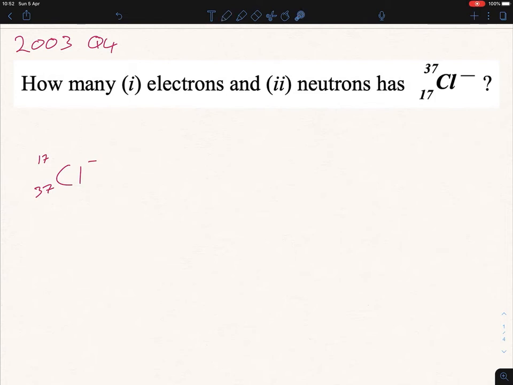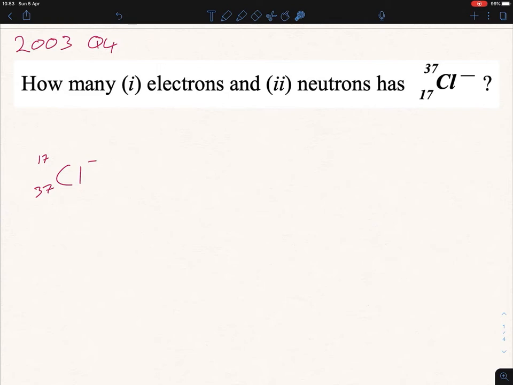You'll always know which is the atomic number and which is the mass number, because the atomic number will always be the smaller number. It doesn't actually matter what you put on top or on the bottom, I just prefer it on top myself, but as long as you're able to recognize which is the atomic number and which is the mass number, you're going to be fine.